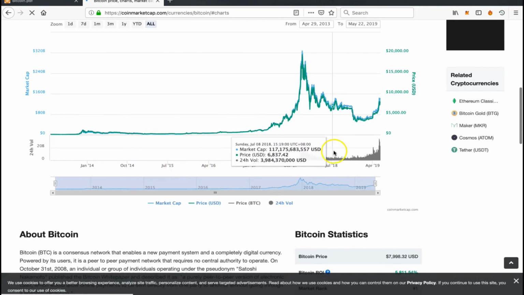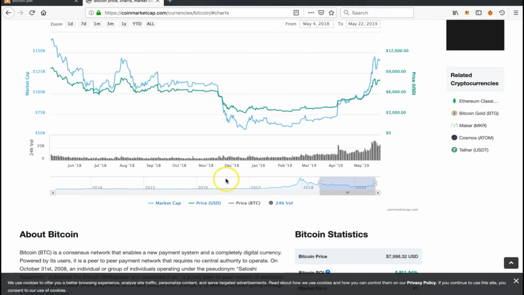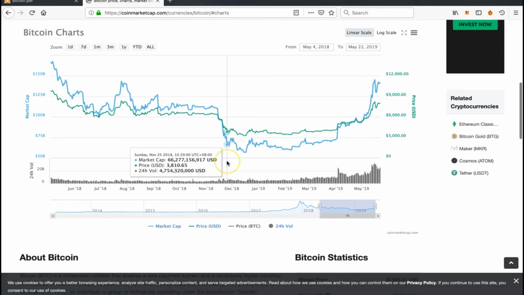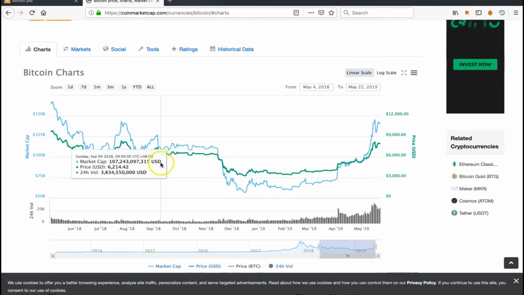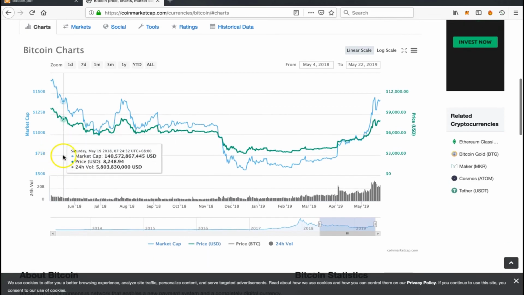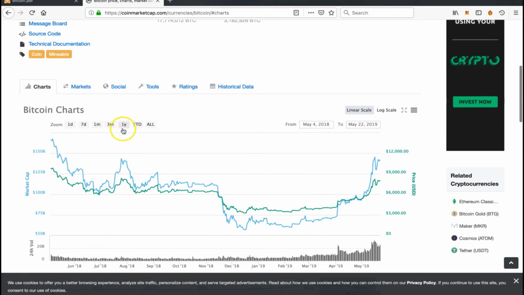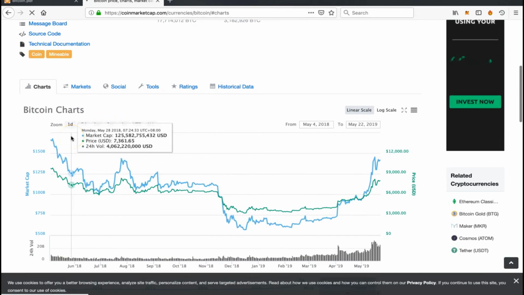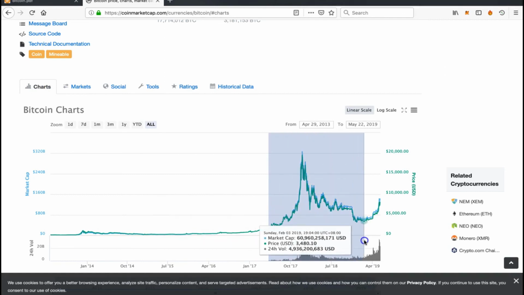If you check from 2018 till 2019, in December the price hit $19,000, and it was $15,000 for quite some time.